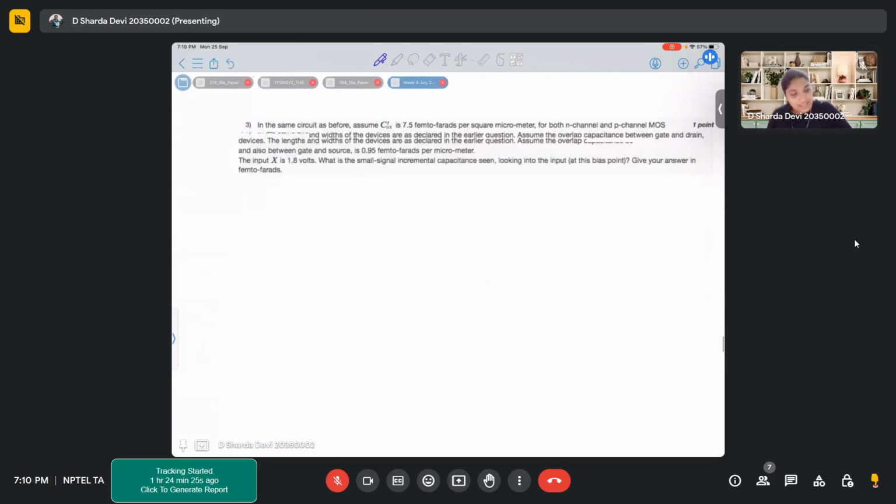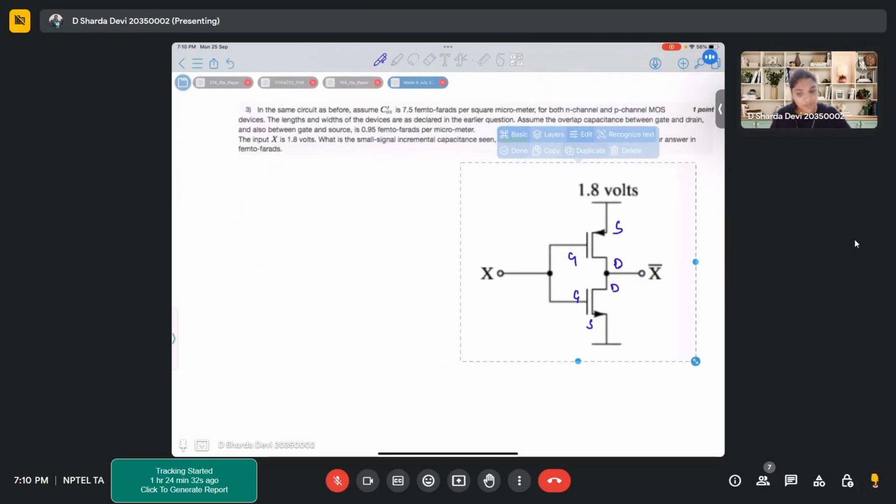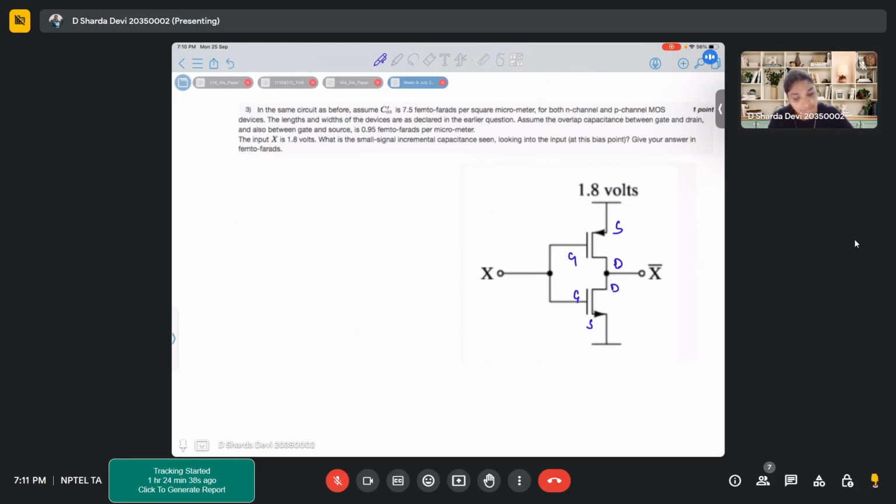Now, again in the same circuit, the next problem: assume Cox dash is 7.5 femtofarad per micrometer square for both N and P, so Cox dash N and Cox dash P. The length and width of the devices are as declared earlier.